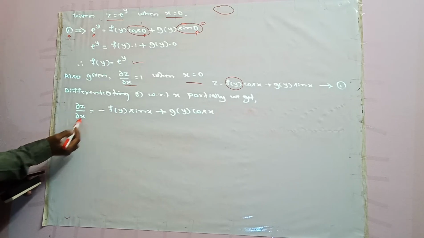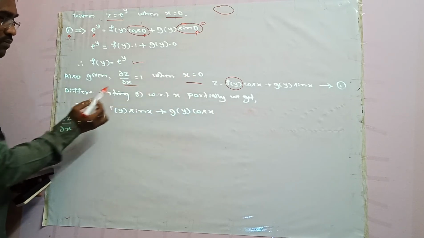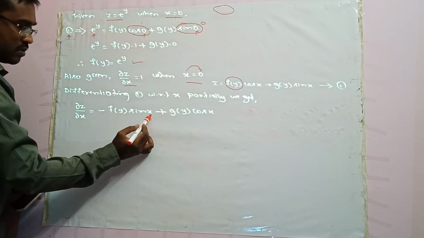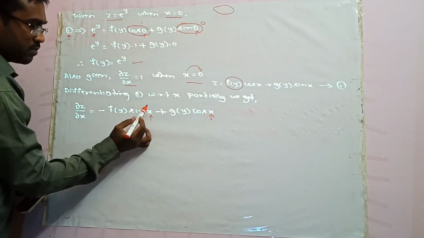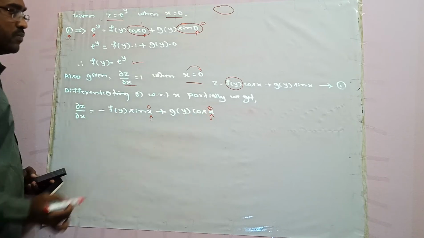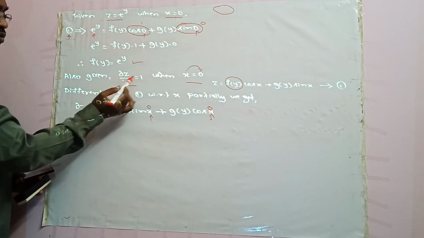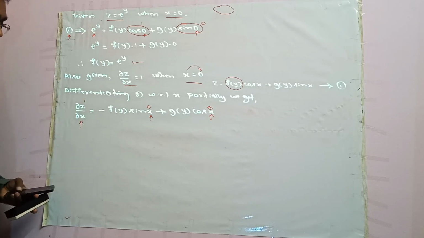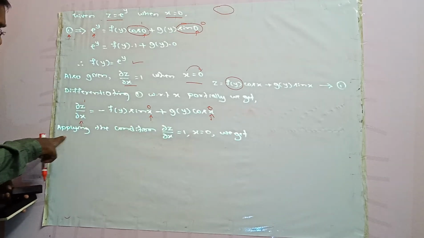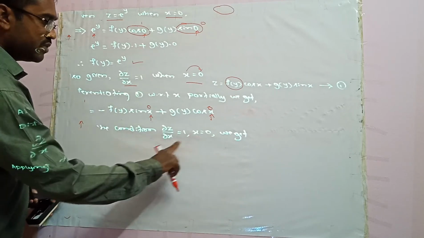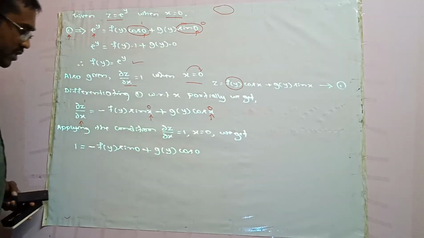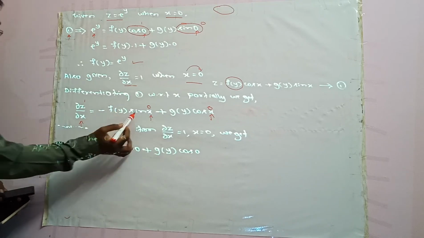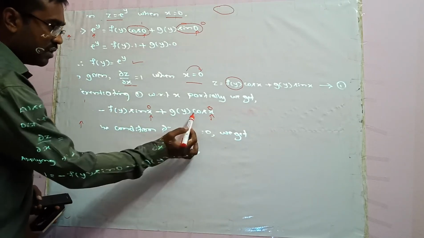Now it is ready for the substitution of this condition. What is the condition? In the place of x, take 0, and in the place of dou z by dou x, take 1. Applying this condition, we get 1 is equal to minus f of y sin 0 plus g of y cos 0.